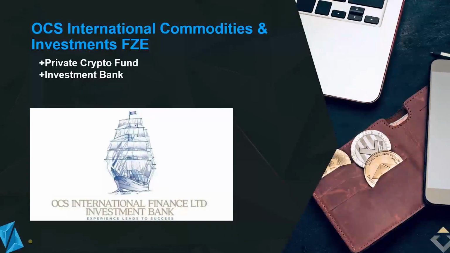It's not a question of whether it works or how it works. It's just a matter of time for great things to come, like combining the crypto world with the traditional financial world. A partner like the OCS International Investments Bank is a top partner for this company to achieve their goals faster, even faster than planned.